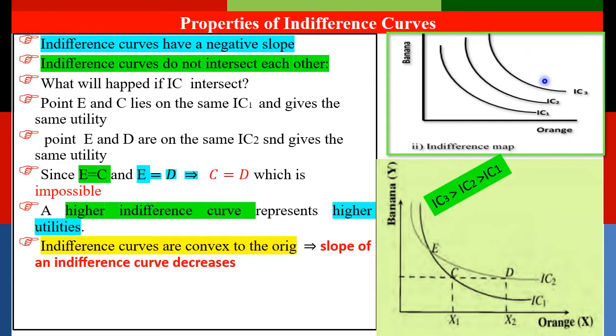When we say concave, it depicts an n shape. So the indifference curve is convex to the origin. The slope of the indifference curve decreases. Yes, as we move downward, the slope is decreasing because of the rate of substitution.